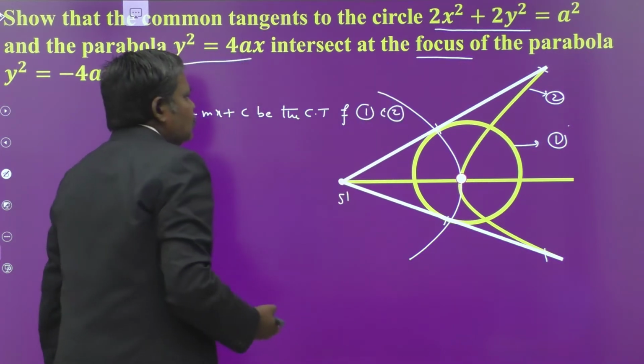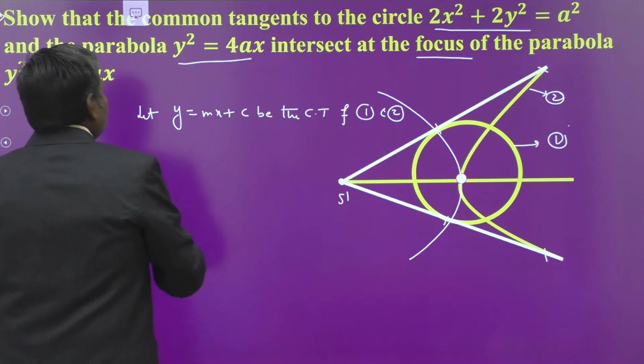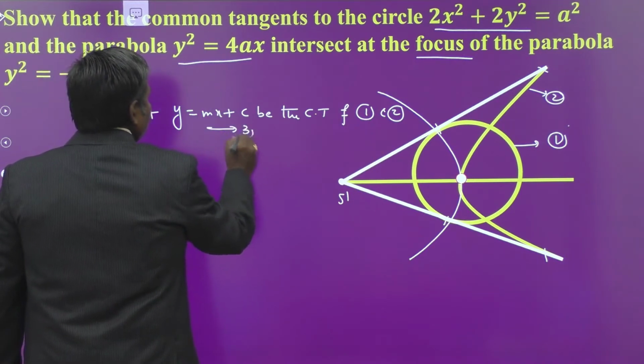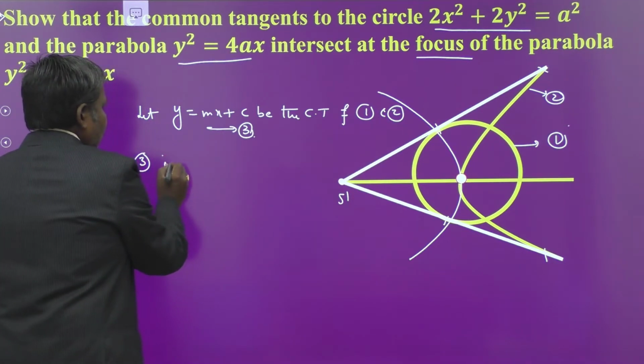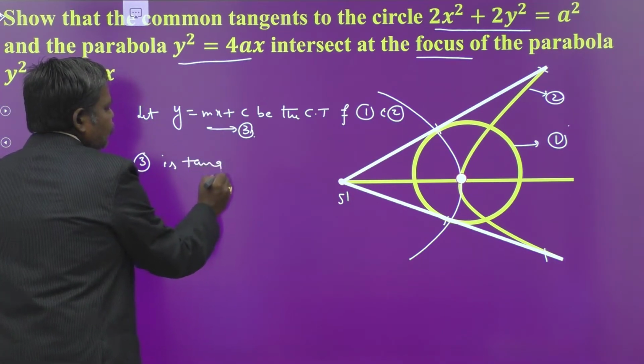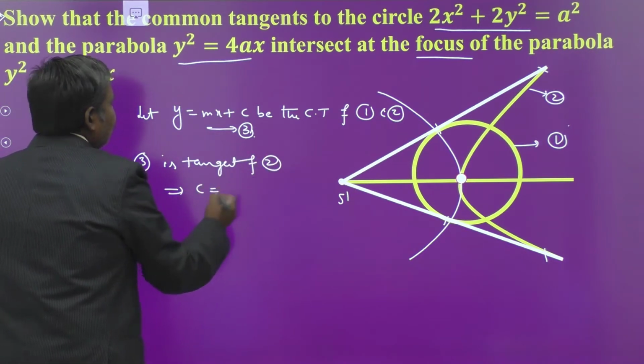These are the two curves: one is the circle and the other is the parabola. So this is equation number 3. Say 3 is a tangent of 2, which implies the condition c = a/m.